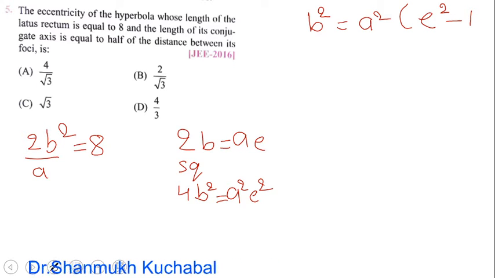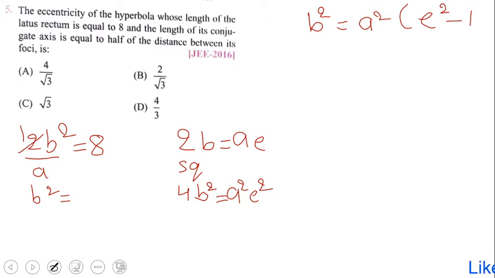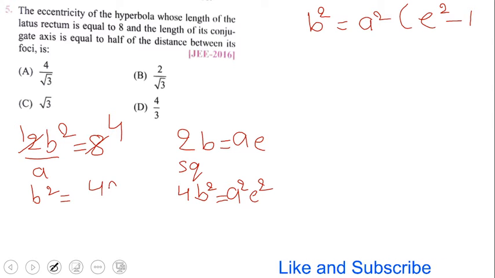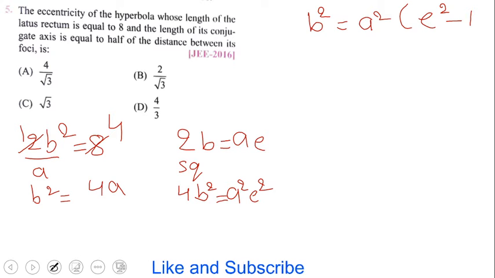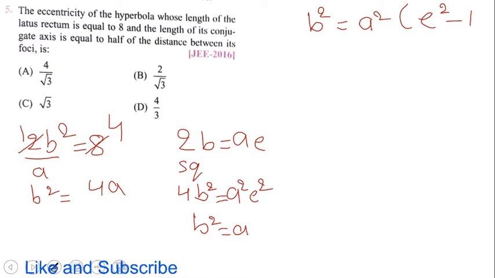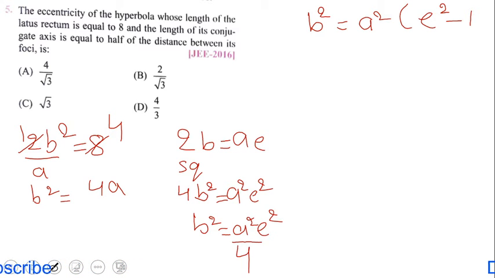Further, we will substitute the b square value. From the first equation, b square is, 2 1s are 2, 4s are 8, so we get b square equal to a square e square divided by 4. So simplification will be very easy.